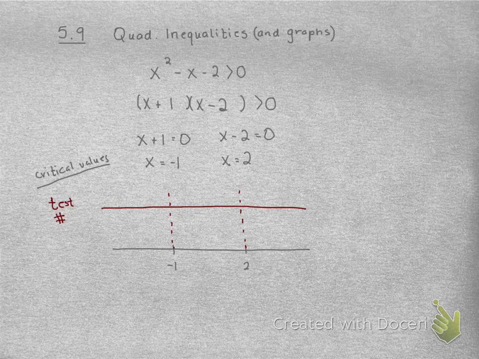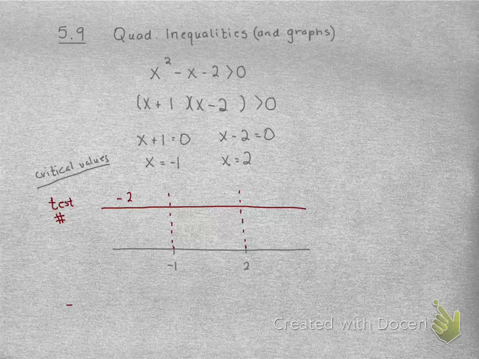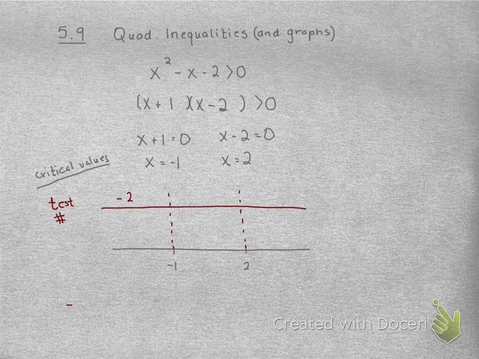In other words, from -infinity to -1, -2 is a number that falls in that interval. You could pick -1.5. You could pick -10, -1,000, -1,000,000. It doesn't matter as long as the number is less than, which is to the left of, -1.